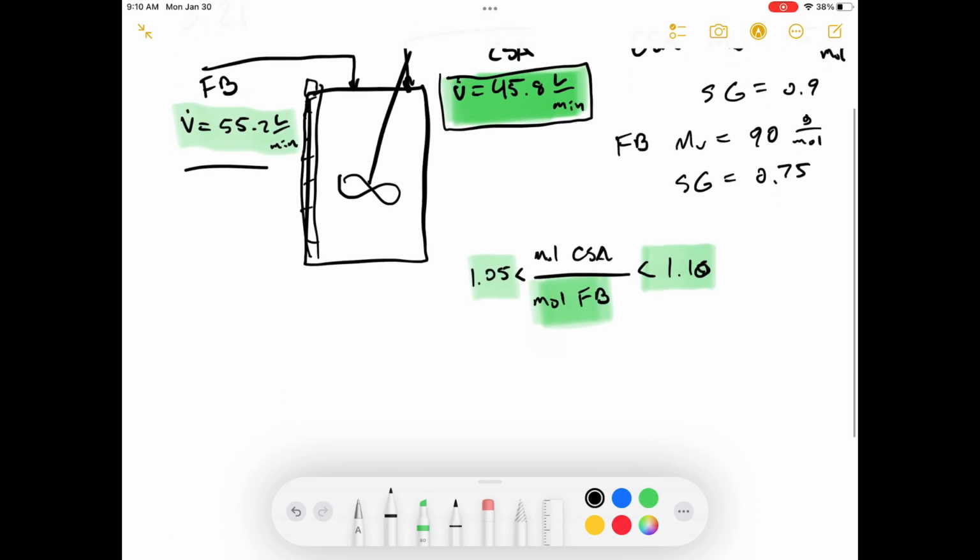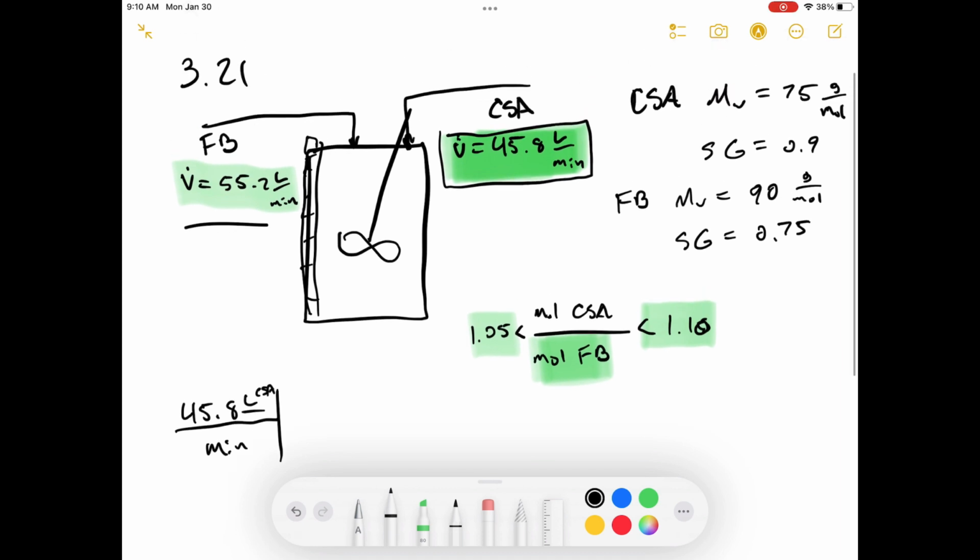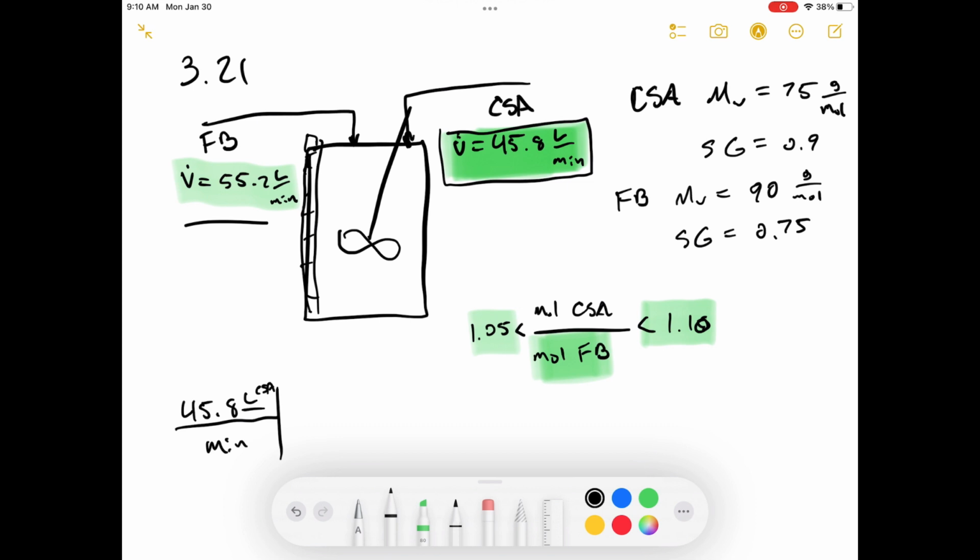Okay, so we've got 45.8 liters per minute, and that's liters of CSA. Then we're converting this into moles of CSA, so we need to use the specific gravity here. Use 0.75 grams per milliliter, 10 to the 3 milliliters per liter.